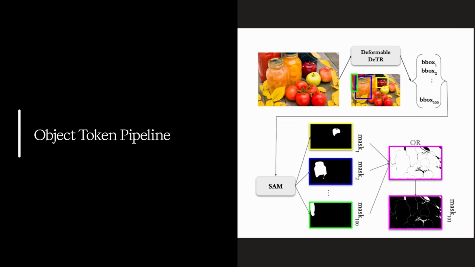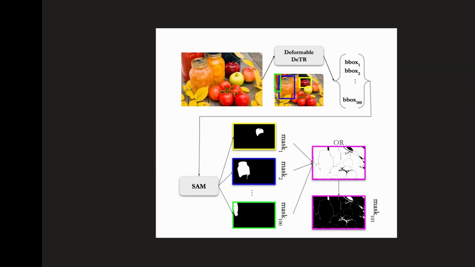So let's zoom in on a key question here. Where do these object tokens actually come from? As we've said, there's a pipeline. We're going to propose object regions right here. Each box is a candidate region that may contain an object. And at this stage, we have where the objects could be. Next, those bounding boxes are passed to the Segment Anything Model.